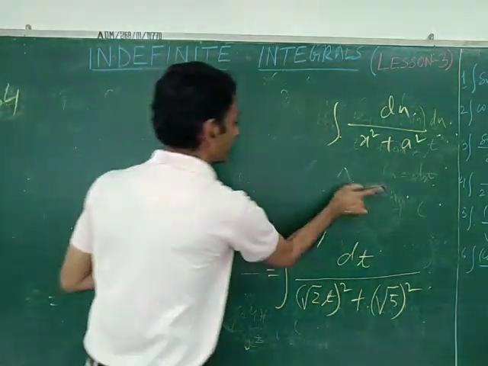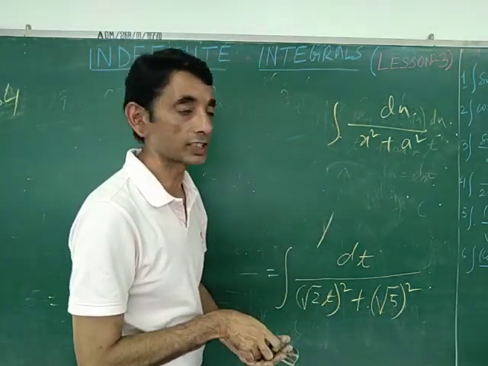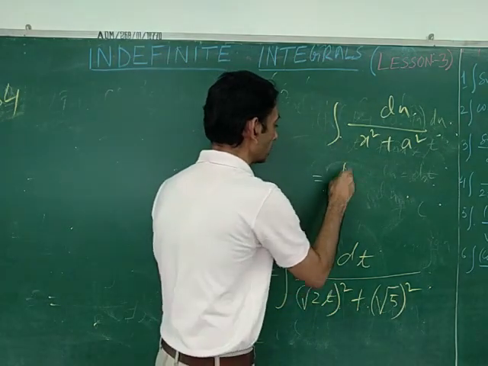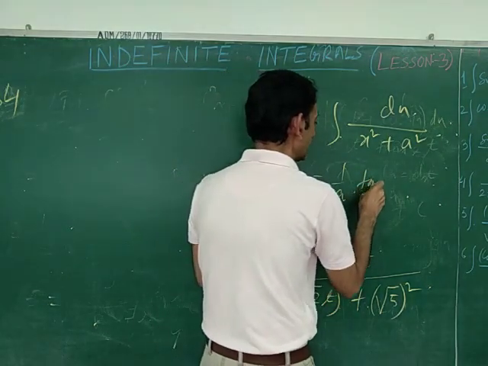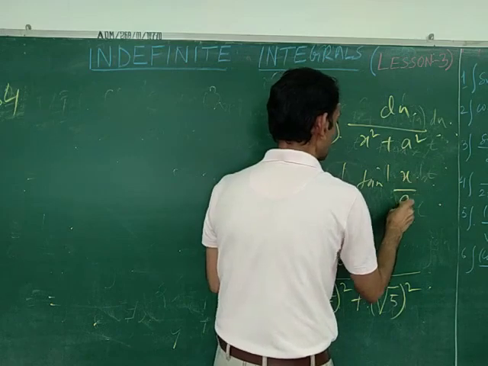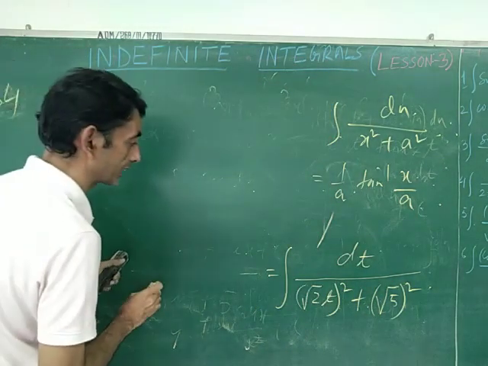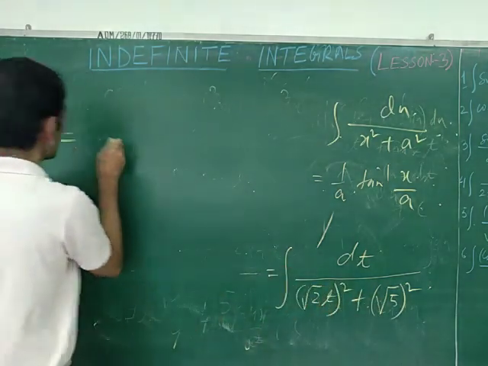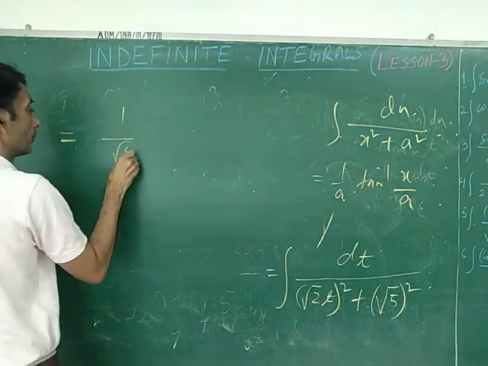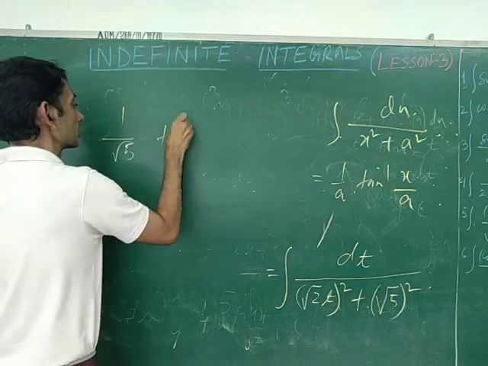We know that dx by x square plus a square is 1 by a tan inverse x by a. What is a here? Root 5. So 1 by root 5 tan inverse x by a.